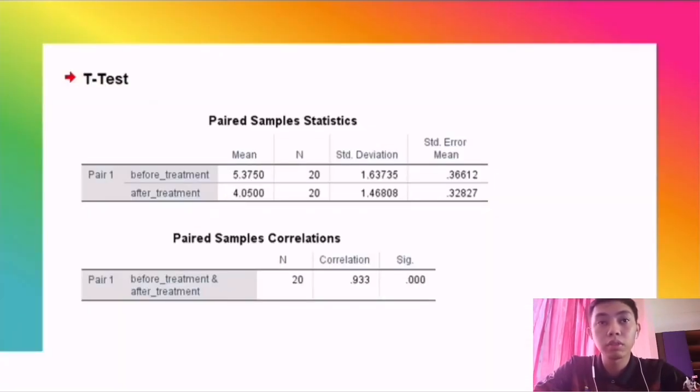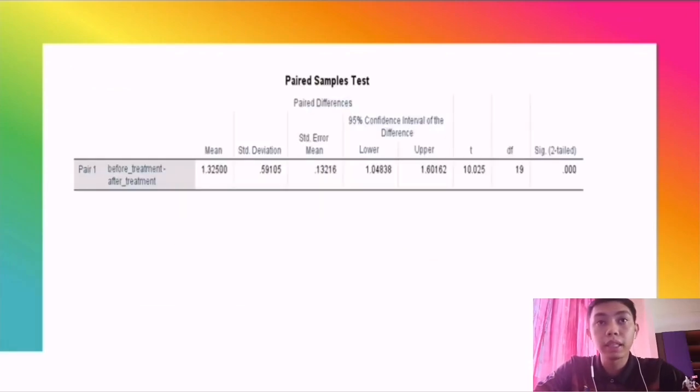So this is the result of the paired samples statistics. We can see the difference between the means before treatment and after treatment. In the paired samples test, paired differences, we can see that the significance two-tailed is 0.00, which is less than 0.05.